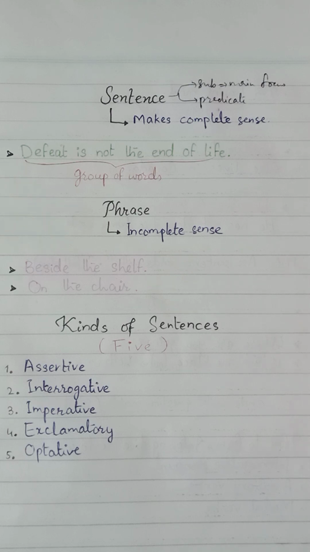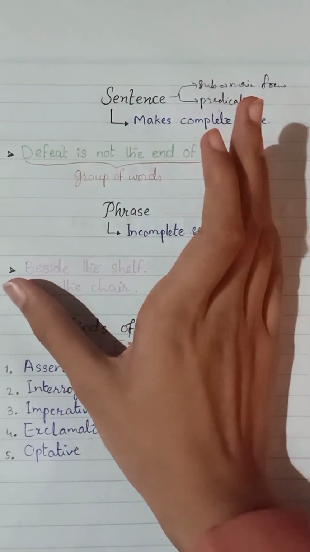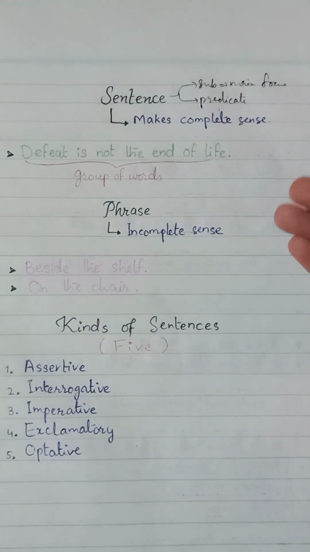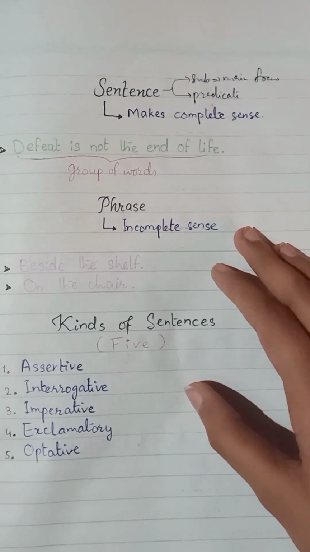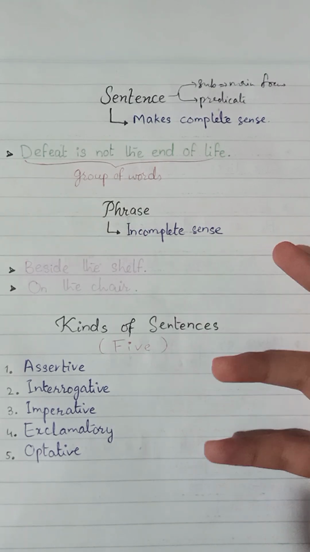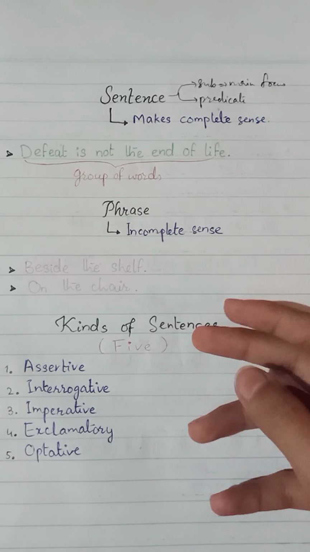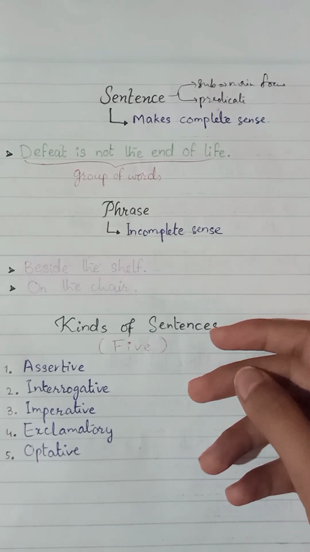For instance, in this sentence, defeat is the main focus, so it is the subject, while is not the end of life is the predicate, that is other than the subject, right? For example, there is another sentence that says this is not my pen, right? So the pen is the subject, and the other thing is the predicate, right?